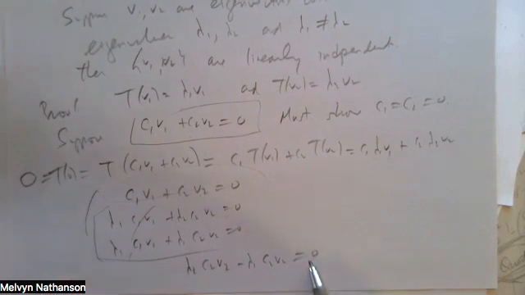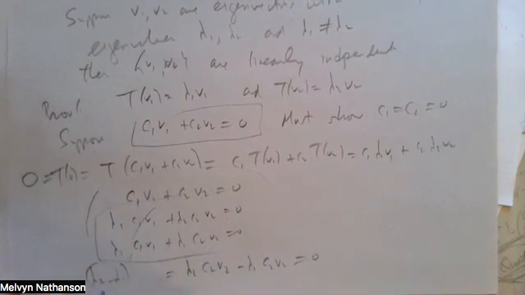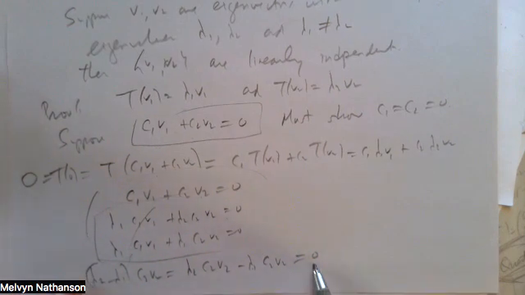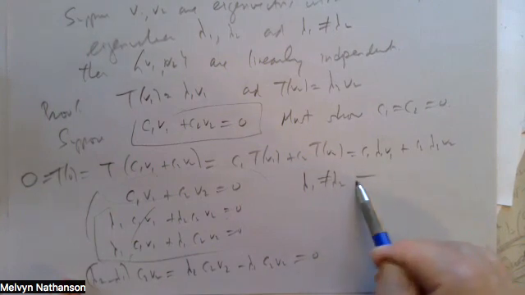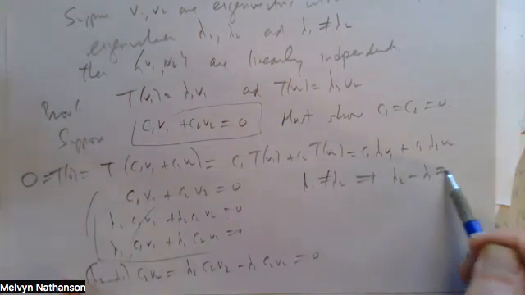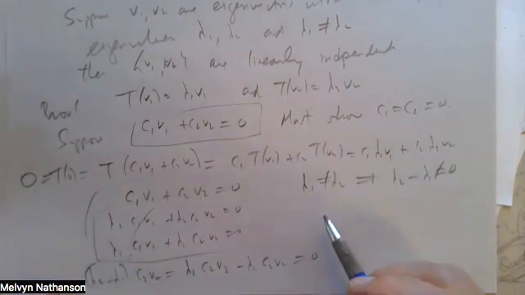Lambda 2 C2 V2 minus lambda 1 C2 V2 is 0, which is lambda 2 minus lambda 1 times C2 V2 is 0. But lambda 1 different from lambda 2 means lambda 2 minus lambda 1 is not 0. So I can cancel this.